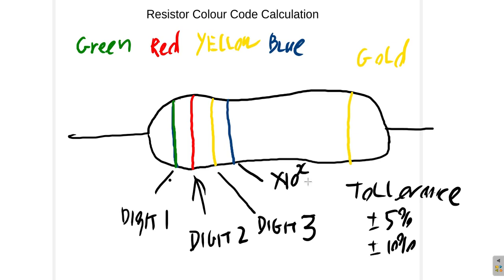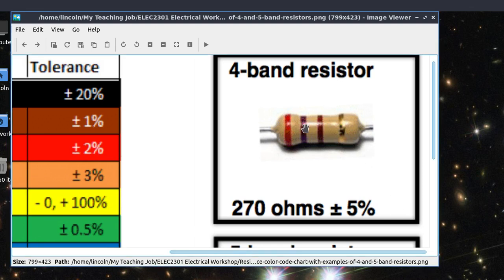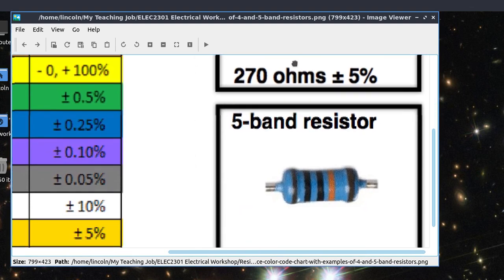So here, that's the 5-band resistor. Let's look back at our image. Now you have first color, first digit, second color, second digit, third color, third digit, then the multiplier, then the tolerance.